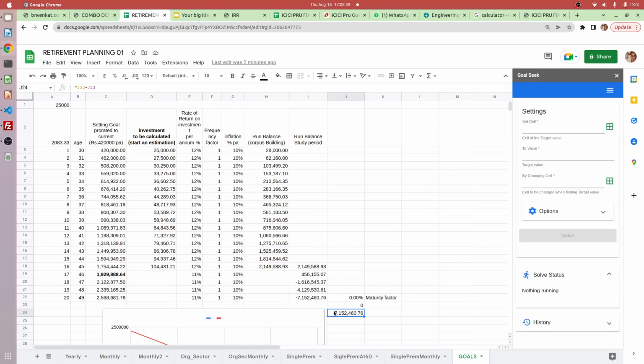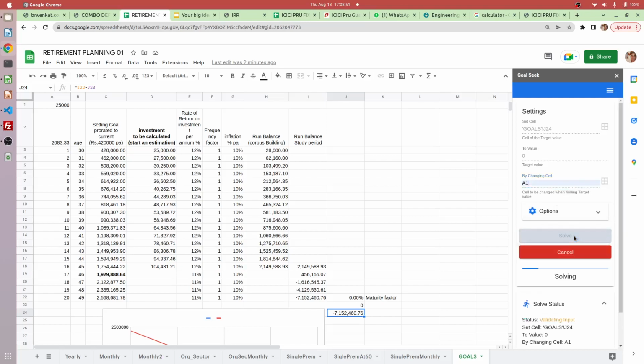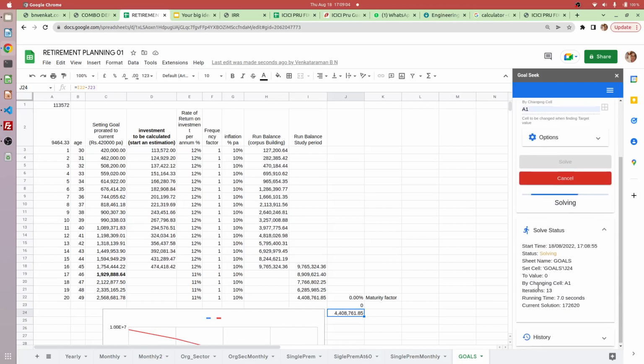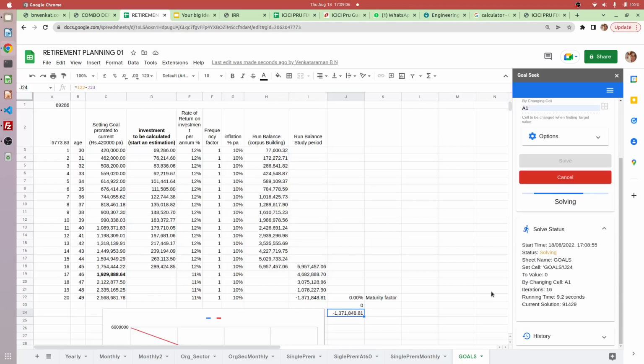Now the target field is here. You set the target field value to 0 and this field is A1. Solve it. If everything is correct, it will give the correct answer, otherwise we will recorrect the sheet. It is working on it, iterations are going on.